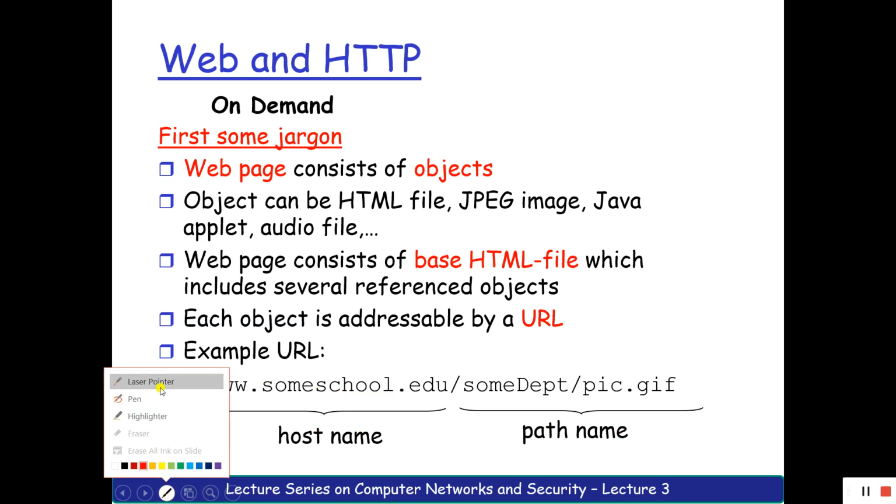When you see the example over here, you can find www.someschool.edu/some-department/pic.gif. The first part that you got, like www.google.com or www.someschool.com, or our college website www.klsbdit.edu.in.